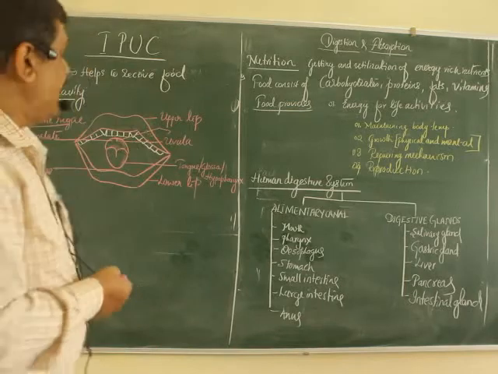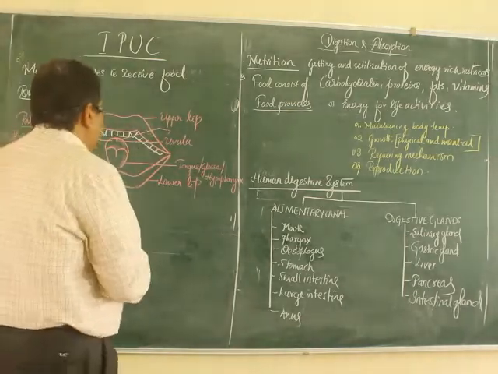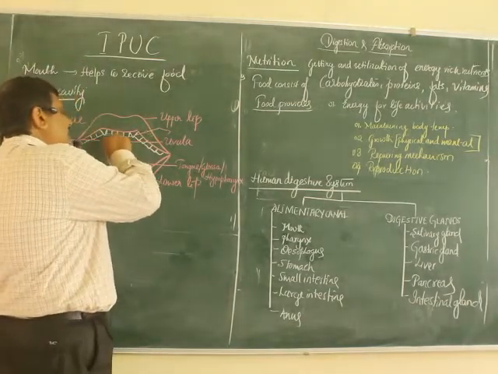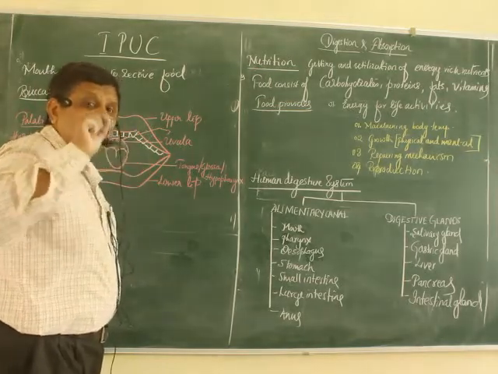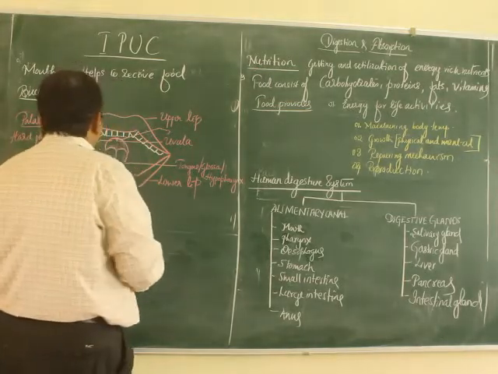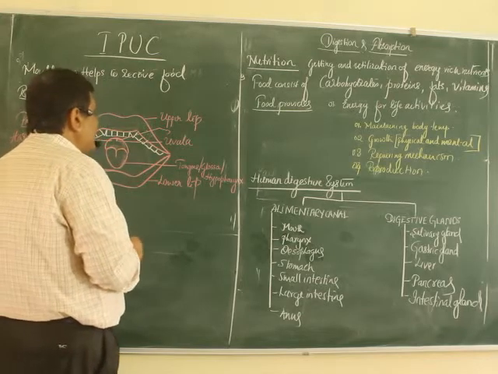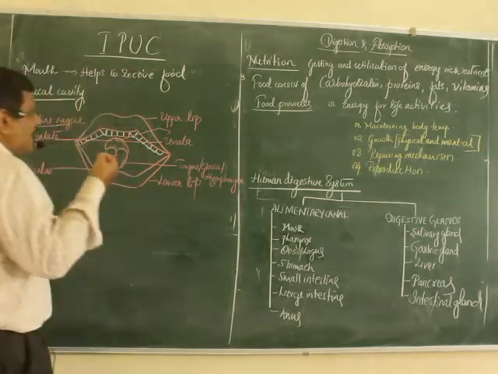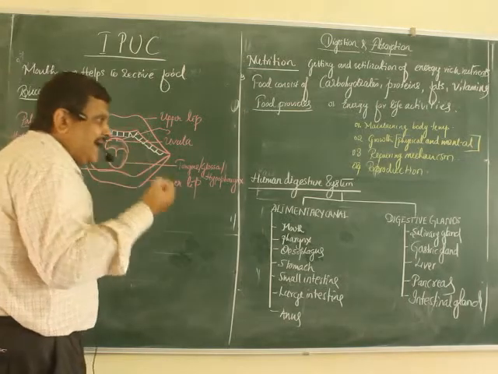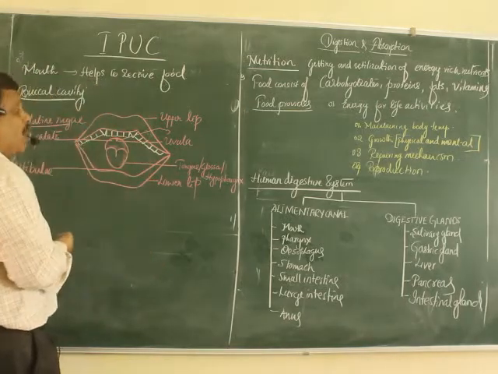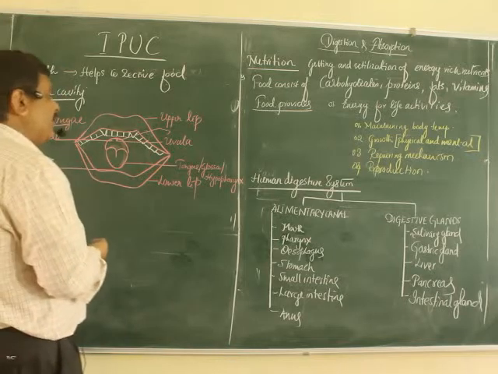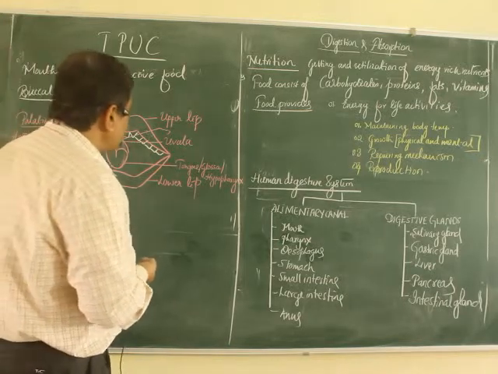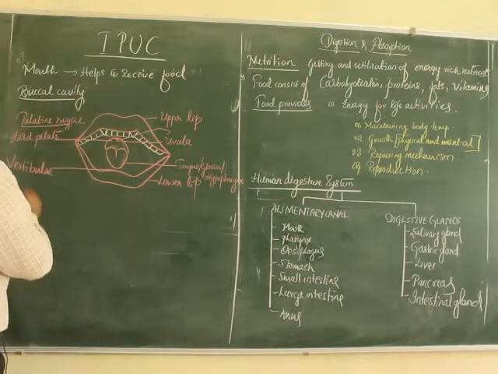The buccal cavity has a roof with certain ridges, called hard palate, and a small hanging structure called uvula or small tongue. The tongue is also called glossa or hypopharynx.